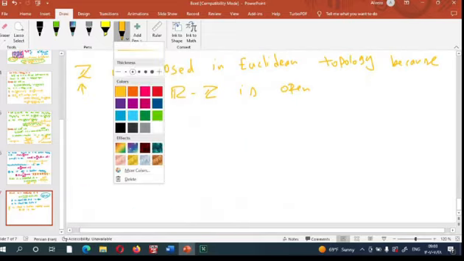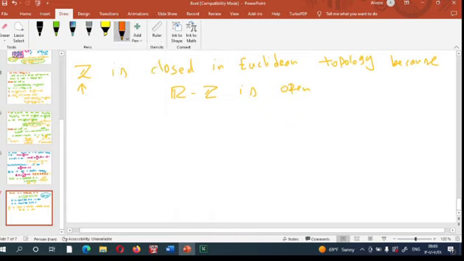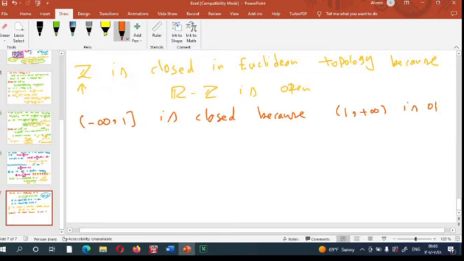Or as in another example, (minus infinity, 1] is closed because we see that (1, plus infinity) is open.